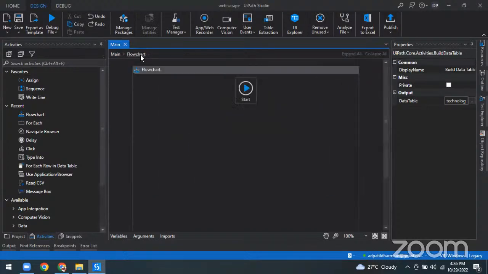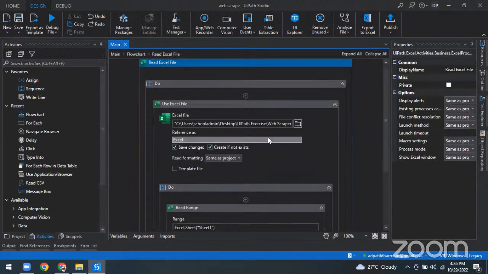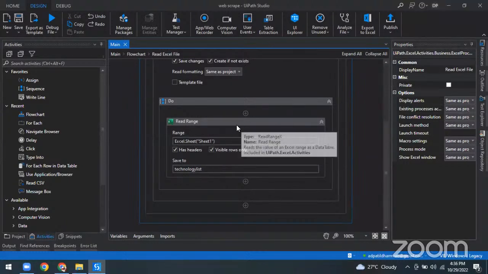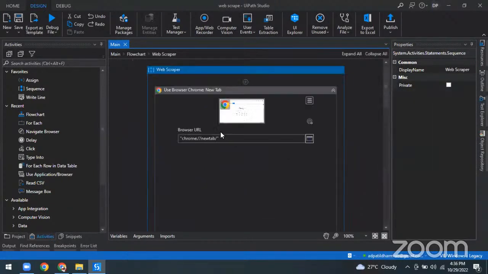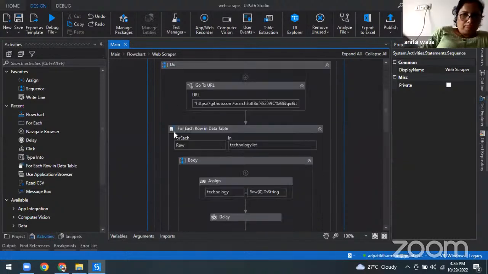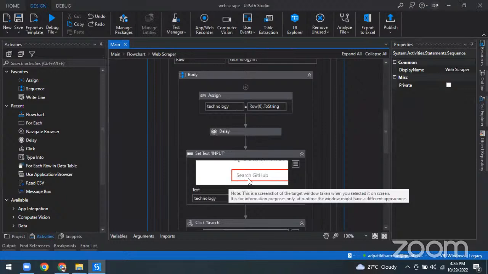After that, we have come to a flow chart. We have taken a Read Excel sheet file. In that, we have taken our path, where the Excel sheet is. After that, we have added the sheet number, and now here we have a web scraper with Chrome, and after that we have taken a GitHub search.